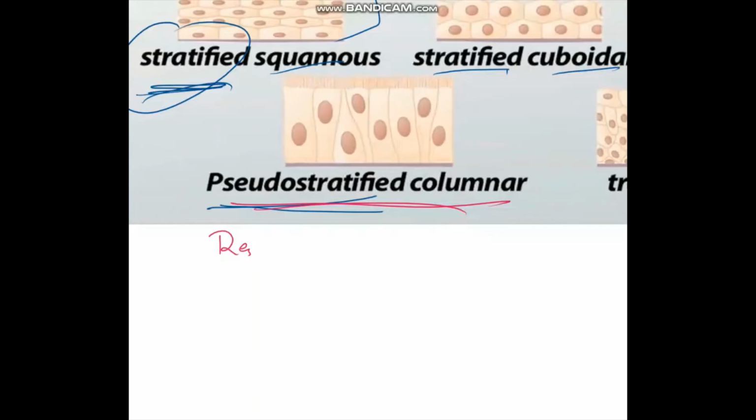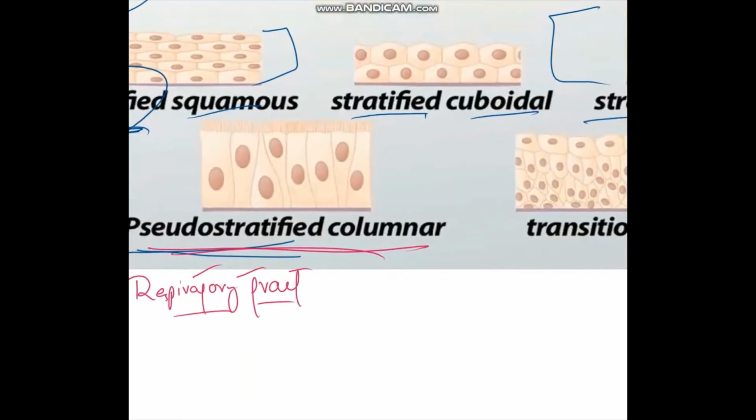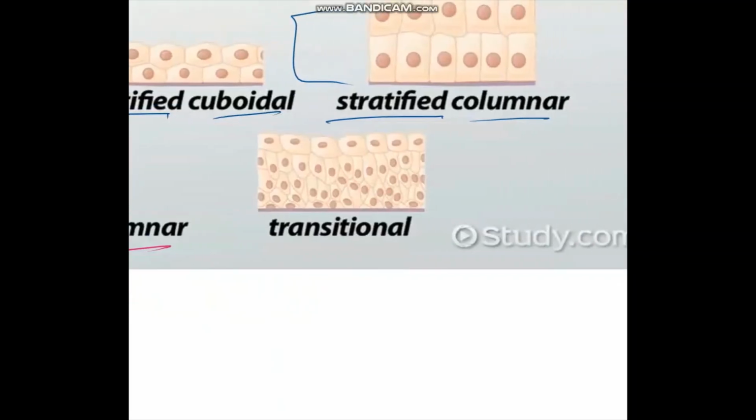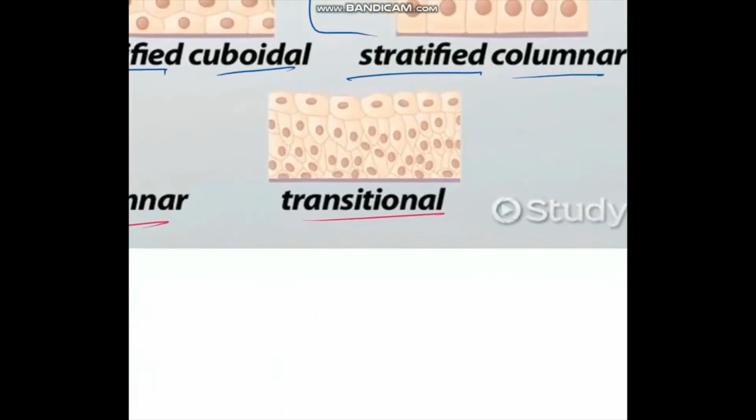So inside the respiratory tract you'd find this sort of epithelium, and then transitional is also usually present in just one specific location, and it is the urinary tract.